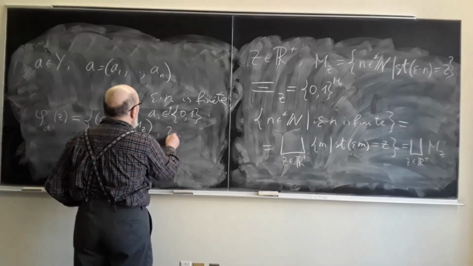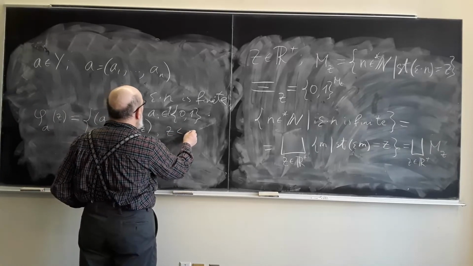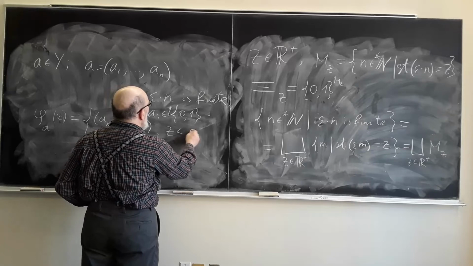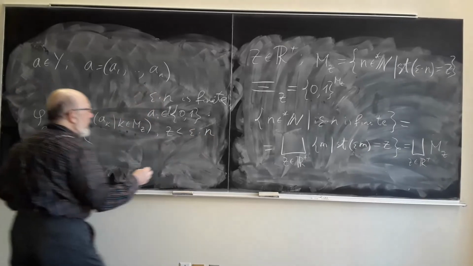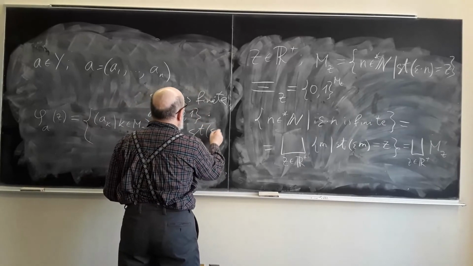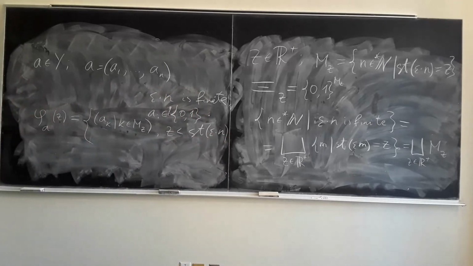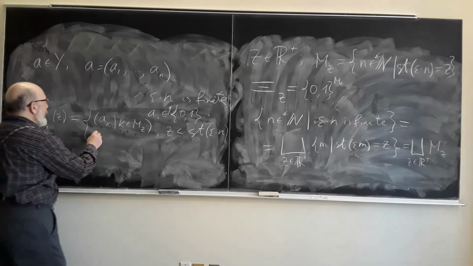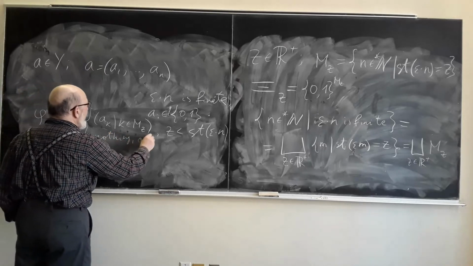If z is less than epsilon times n, then the standard part, and nothing otherwise.